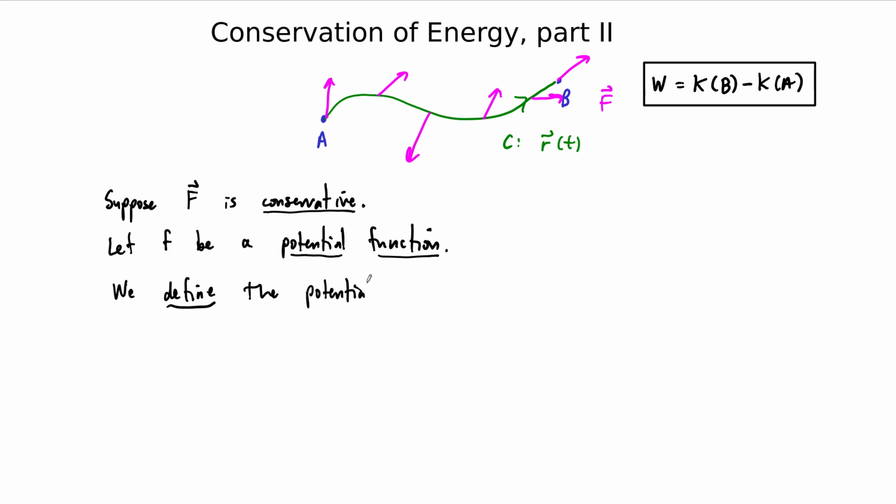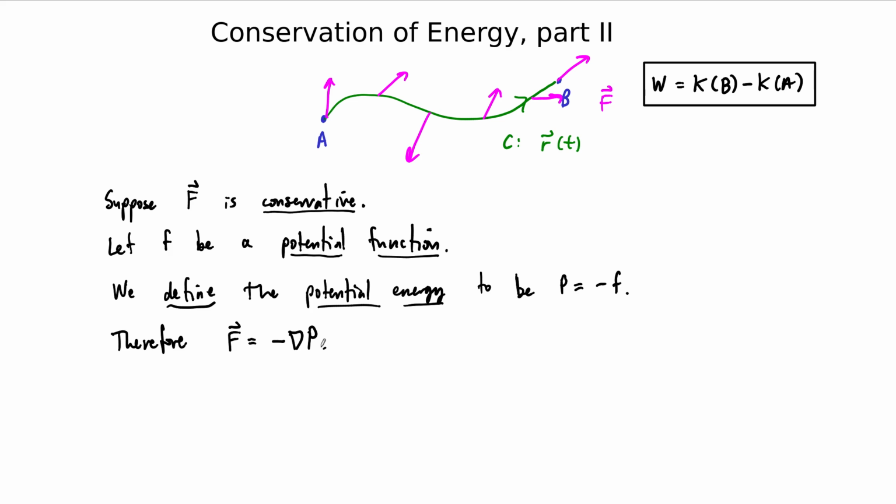I won't write down everything here, but this is a function, we'll call it P for potential energy, and it's going to be equal to the opposite of the potential function. So P is equal to minus f, and therefore capital F as a vector field is equal to the negative of the gradient of the potential energy of any particle moving in this field. And so these are our assumptions.